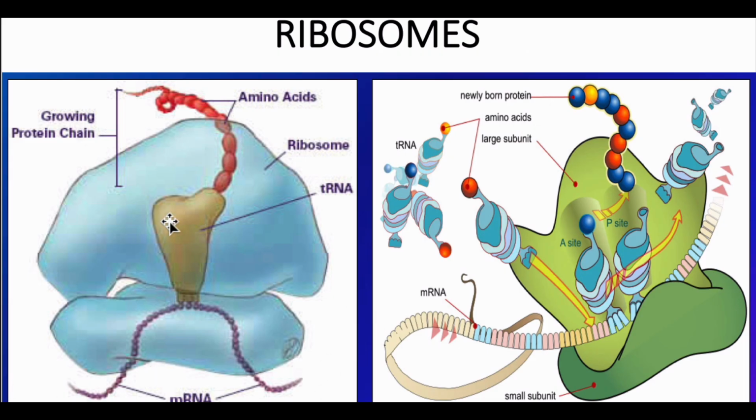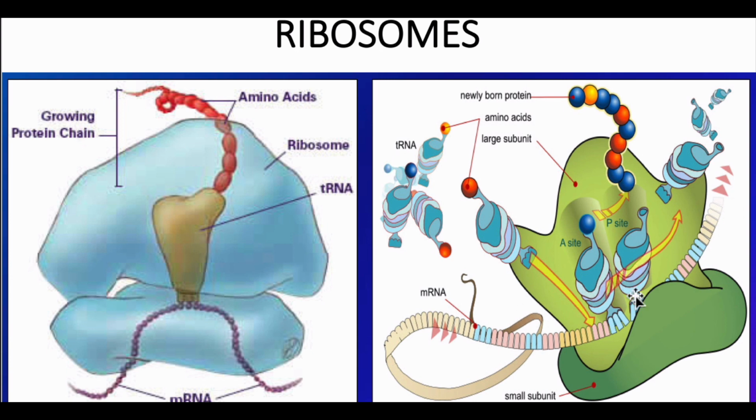So when you look over here, this is a ribosome, and very simplistically, you'll see that you have two pieces, one piece on top, a larger subunit, and a smaller subunit. We'll go into detail later on in the lecture. So the genetic information, mRNA, comes through, gets fed over here, and gets read. As this information is being read, there's a couple of sites: an A site as well as a P site.